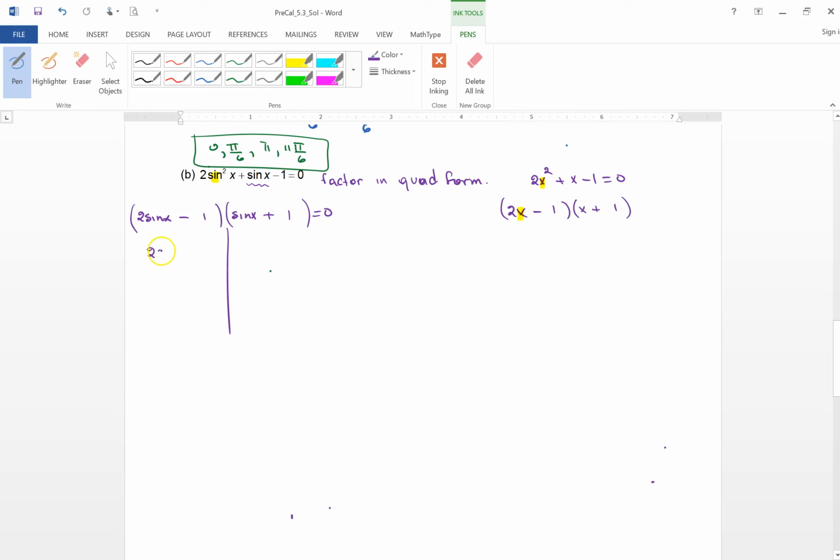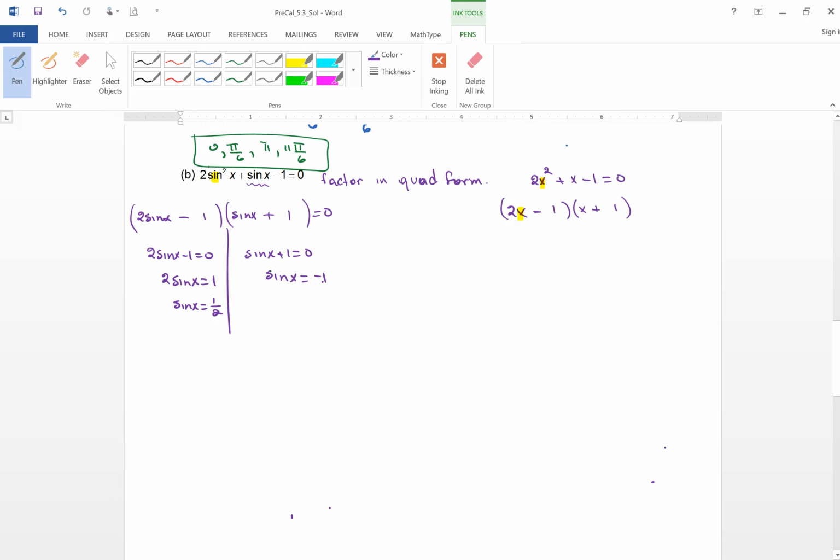So here I get 2 sine x minus 1 equal to 0, sine x plus 1 equal to 0, 2 sine x equal to 1, sine x is equal to 1/2, sine x is equal to minus 1.